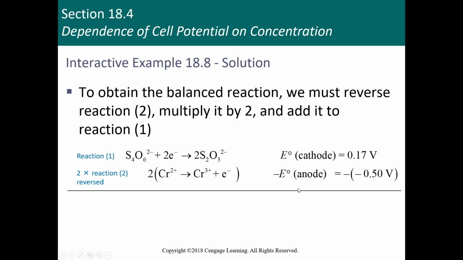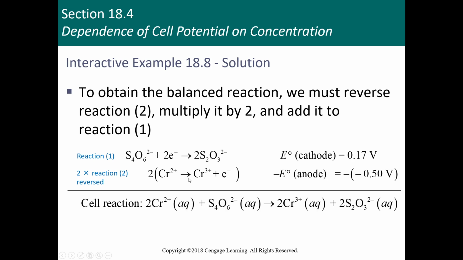One last time, we multiplied this by 2, so do we do anything to this? No, because that is intensive. Does not matter how much we multiply this by. Okay, so now we add those two together. We cancel off our electrons, and we're left with this cell reaction right here. That will give us an E naught of 0.67 volts, which is this, plus the negative times negative, this.